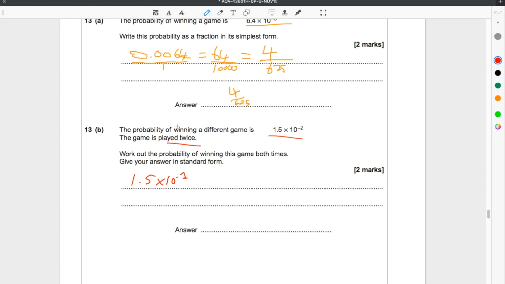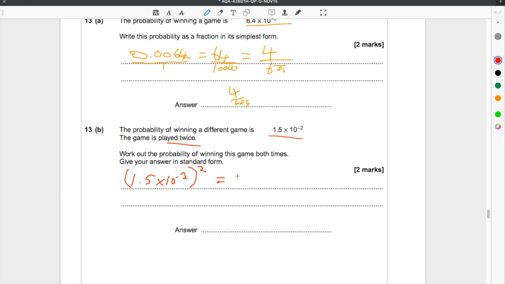If we're doing the same thing twice, it's an AND question, so we're multiplying once and again. So we simply multiply this by 2. In other words, well, actually we multiply it by itself, don't we? We multiply it by itself so that we can get the probability when it's played twice. In other words, we square this value.